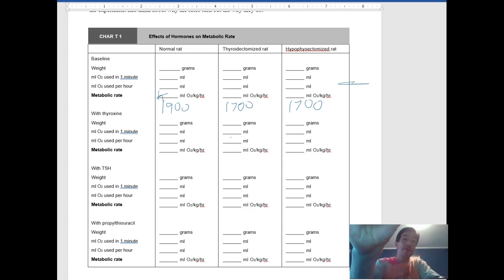Given what we know about thyroid hormone, that should go up. Then the thyroidectomized rat also goes up. Again, it doesn't matter what the value is, just know that it goes up. And if you take a rat that doesn't have a pituitary and you just inject it with thyroid hormone, the levels should go up.